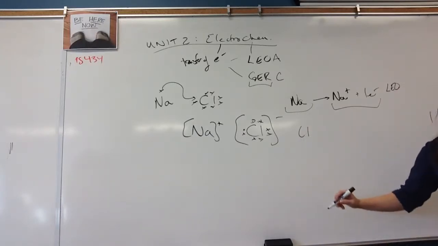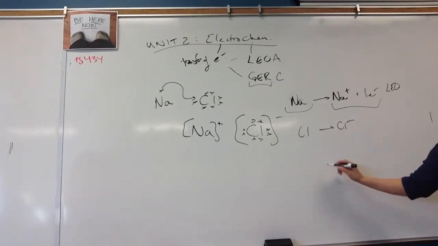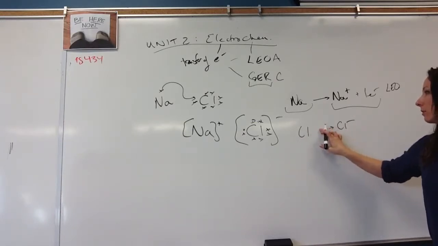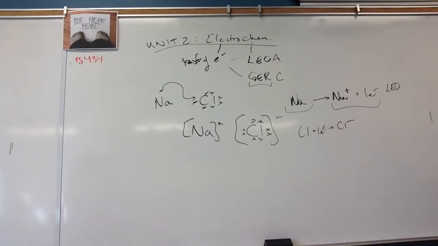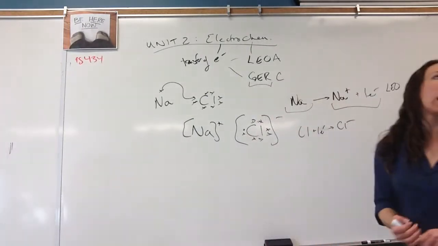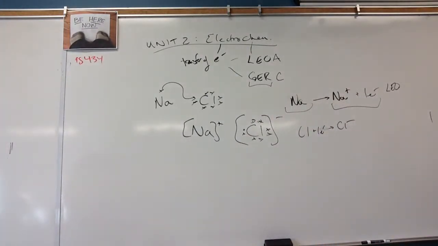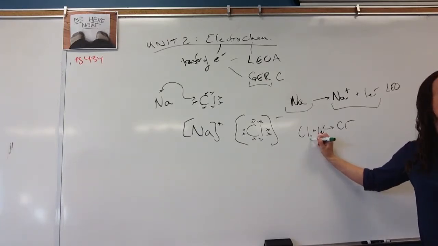The Cl, I'll just do the atom for a second here, becomes Cl-, and it did that by gaining an electron. Yes? But we all know that Cl doesn't exist as itself if it's an atom. It exists as a diatomic molecule, so Cl2.